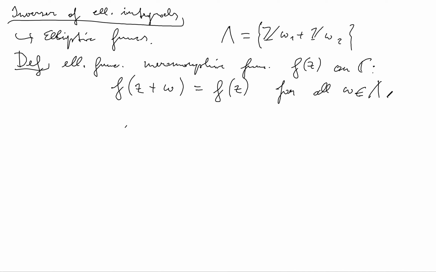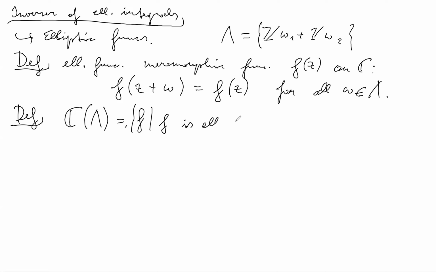Okay, and now what you can do is you can look at the set of all these elliptic functions. And we're going to denote this by C of lambda, and this will be all the f's such that f is elliptic with respect to lambda.